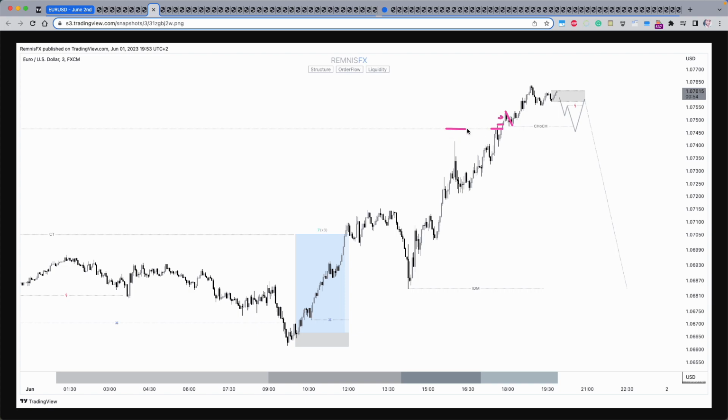Close above this area, right? So it was the pullback here. Price continued, did this. It failed to make a new higher high, right? Instead, it did this. Well, to me, I thought perhaps it did a mitigation of this area, right? Before continuing down. Now, I thought, okay, if that is the case, right?